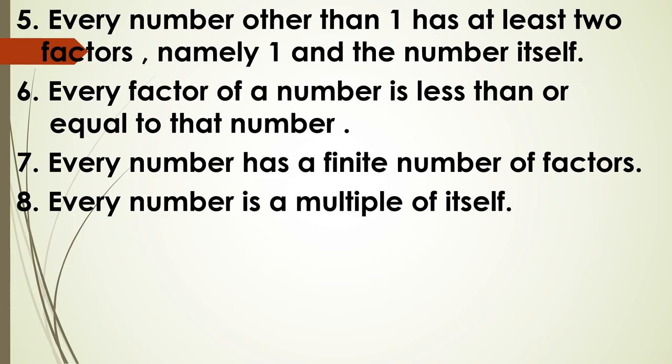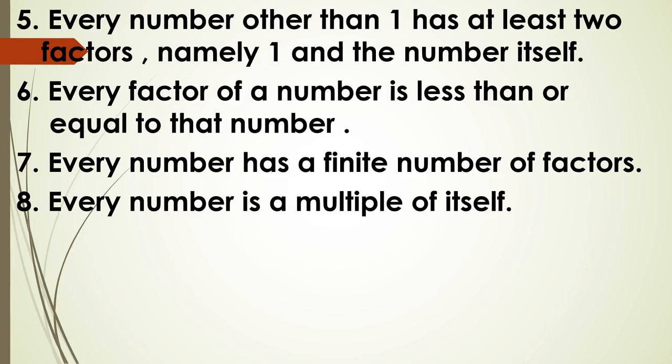8th point, every number is a multiple of itself. Multiples, I have told you, is just the table. Just multiplying that number by 1, then 2, then 3, by 4, and so on. So when we multiply any number by 1, we get the same number.